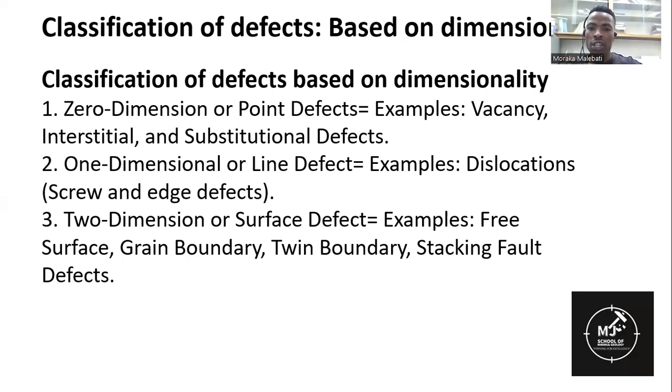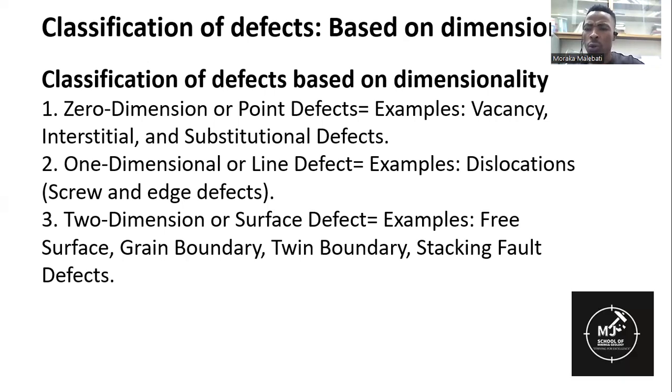In the 0 dimension, if you don't want to say 0 dimension, you can say point defects. Examples of point defects we're going to talk about are the vacancy, the interstitial, and the substitutional defect. Then 1 dimension, you can say line defect, for example, dislocations.